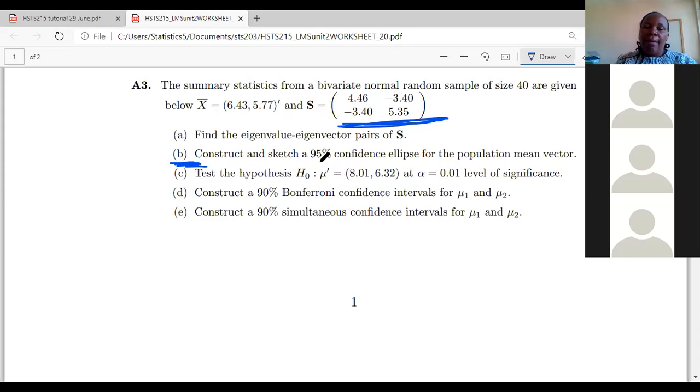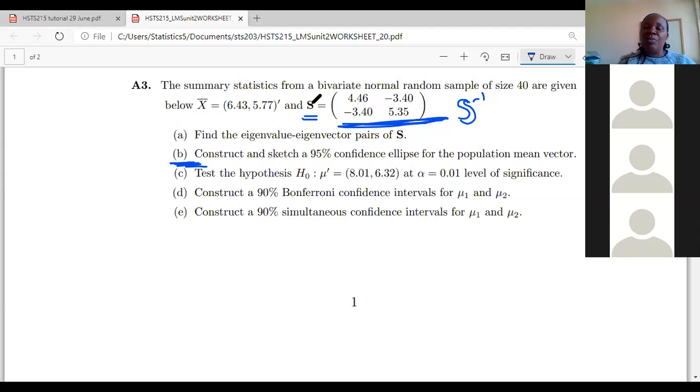What you need are the eigenvalues and eigenvectors of S, or indirectly of S inverse. So you are better off working with the eigenvalues and eigenvectors of S. And then we know the relationship between the eigenvalues of S and S inverse.